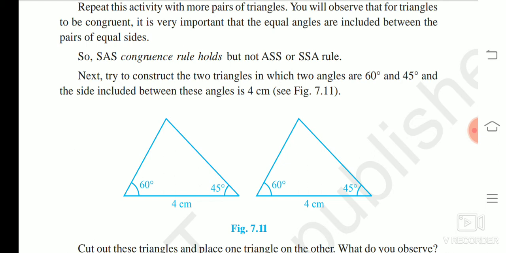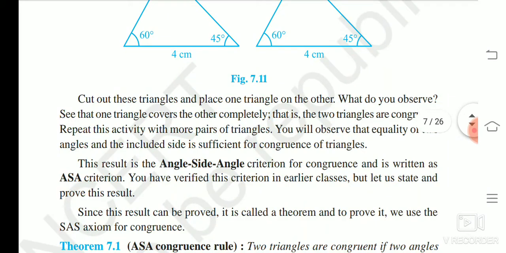So we can compare the two triangles, and it's the same size. So in between two angles, one side, this is true for the congruent form.